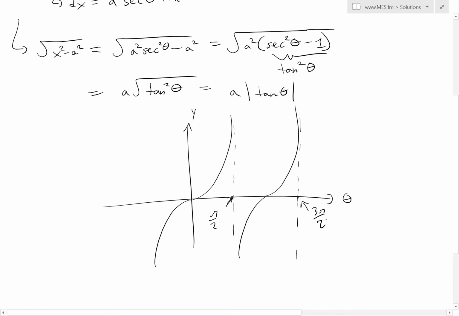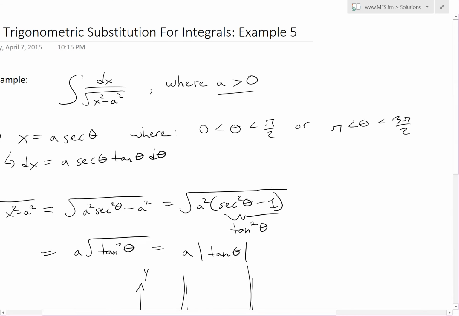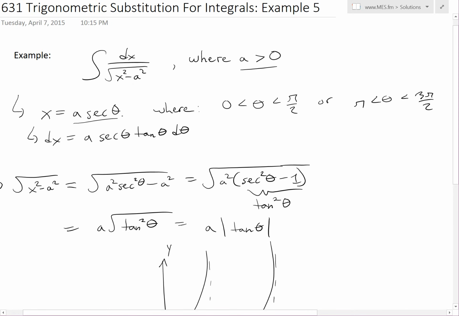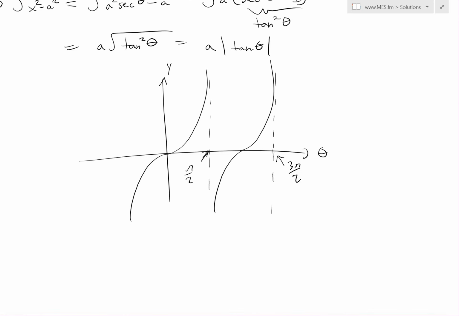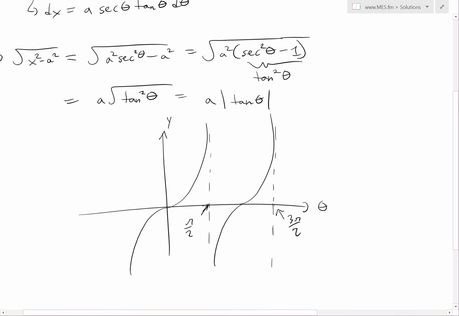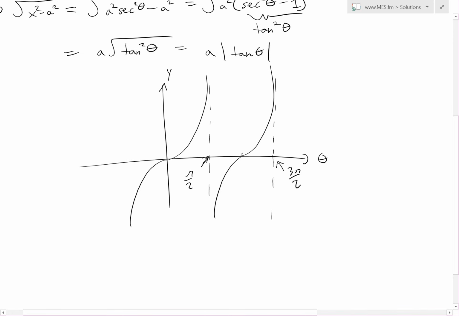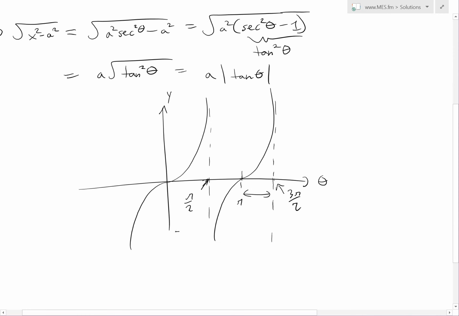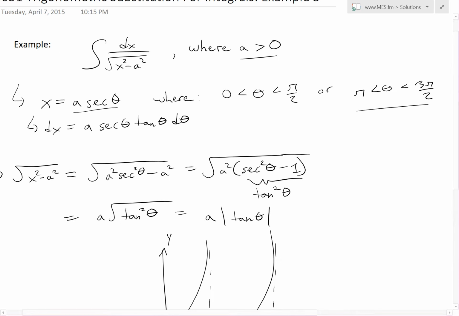Now recall where this is defined, and once again this is defined such that not only do you get a one-to-one function here, but when we evaluate this trig substitution, if this is pi, we're defined in this range from pi to 3 pi over 2 in this case, and from 0 to pi over 2 in this case.